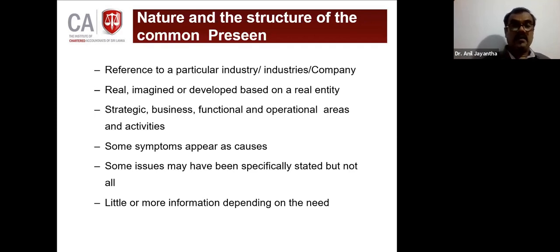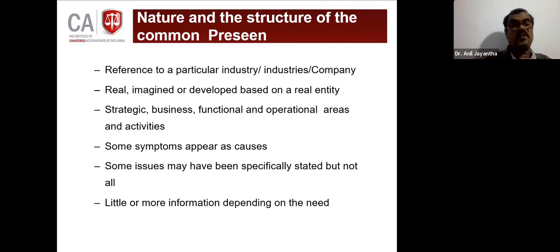The other thing in the pre-seen is little or more information provided. A pre-seen does not mean that all the relevant information, all comprehensive information and related information are provided. No, it's not. Sometimes detailed information may be provided, adequate information may be provided.